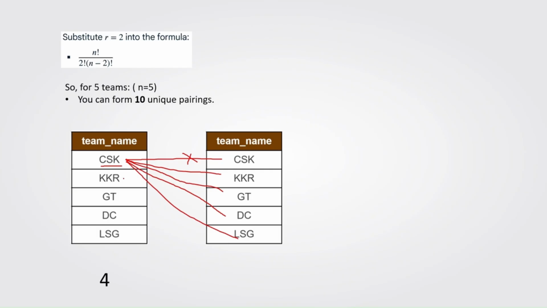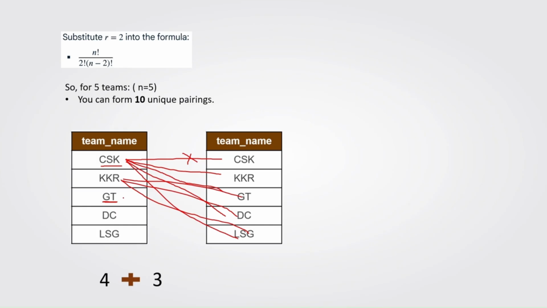Now let's talk about KKR. KKR versus CSK will be invalid because we have already taken CSK versus KKR. KKR versus KKR is again invalid. Now KKR versus GT, KKR versus DC, and KKR versus LSG. So there will be 3 possible combinations from KKR. Now let's take GT.